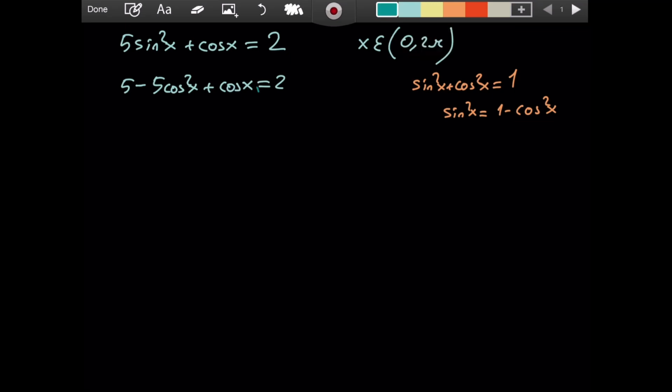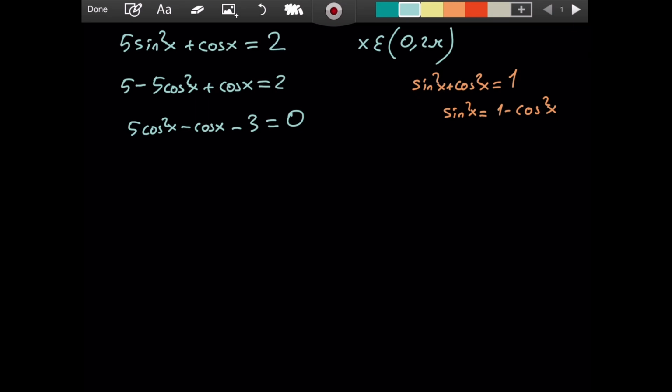Let's toss all of these to the right side. So we have 5 cosine squared x minus cosine x, and then a minus 3, equaling 0.